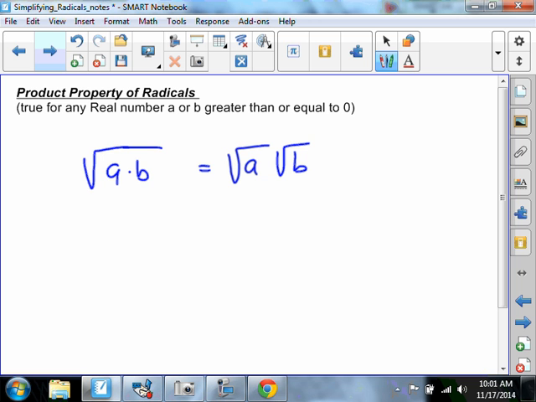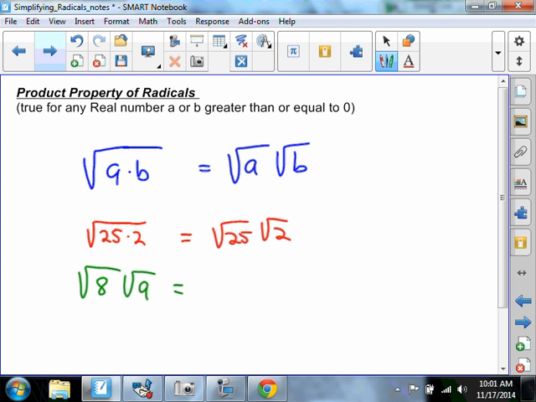What we mean by that is if you had something like the square root of 25 times 2, that's the same thing as the square root of 25 times the square root of 2. What that also means is if we had something like the square root of 8 times the square root of 9, that's the same thing as the square root of 8 times 9.